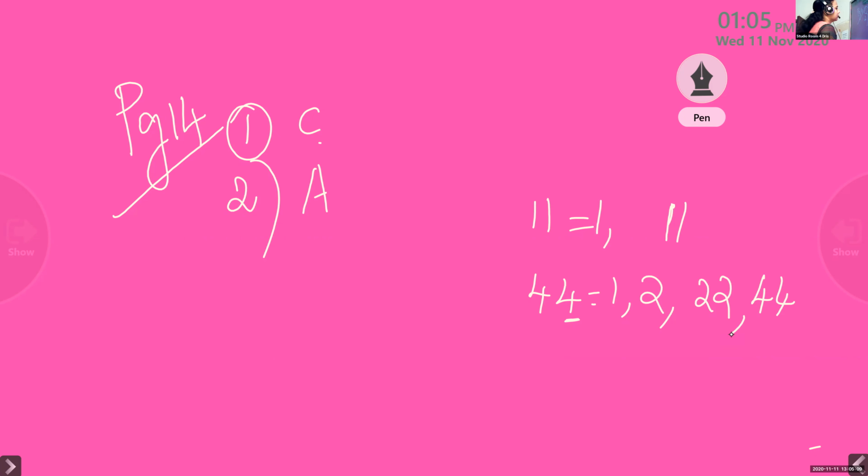Check: 11 fours are 44. So 4 times 11. So check which is the highest common factor. 11. Look at this number. We know 1 and 11. Here we have only 11.